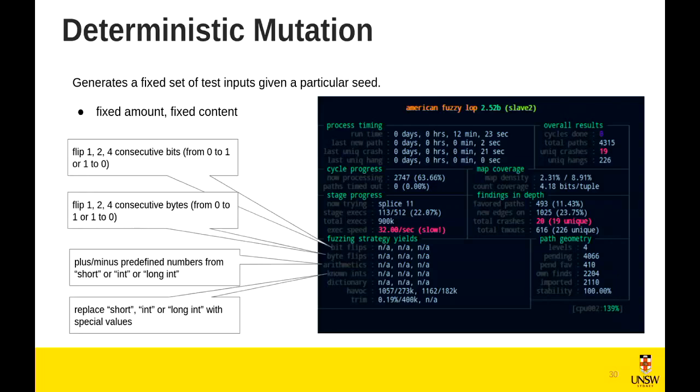So it will replace 2 bytes or 4 bytes or 8 bytes with those list of values one by one for the test input. So this is also deterministic. So these are the deterministic mutation operators used by AFL.